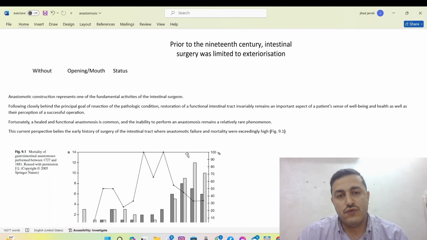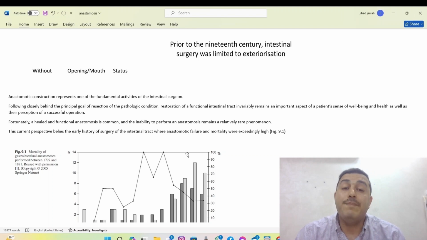So this is a challenge for the doctor. We have to understand that the pathological or oncological resection, if we are talking about cancer, shouldn't be affected by our planned anastomosis. So it is a final, separate step.